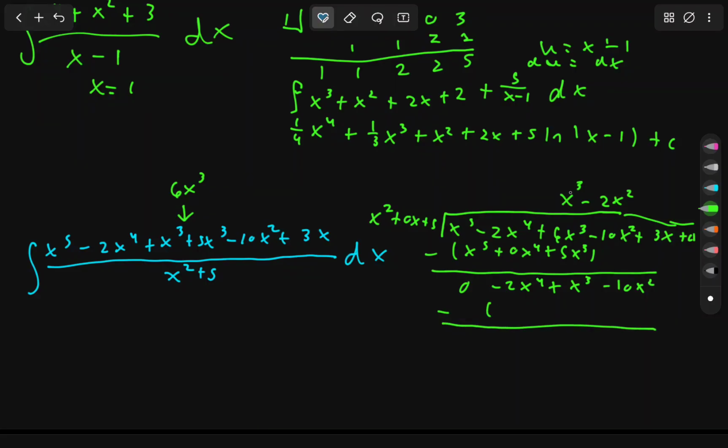Let's see. So we get negative 2x squared times x squared, so we get negative 2x to the fourth minus 0x cubed minus 10x squared.